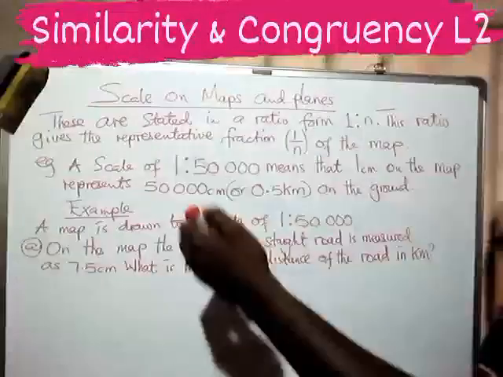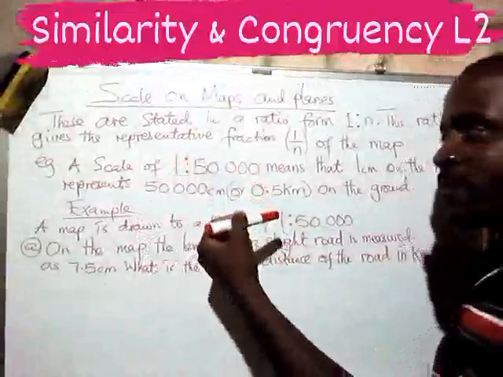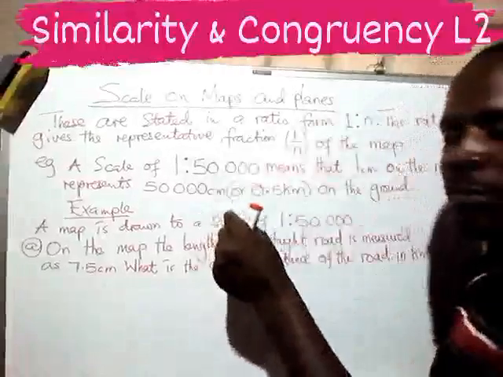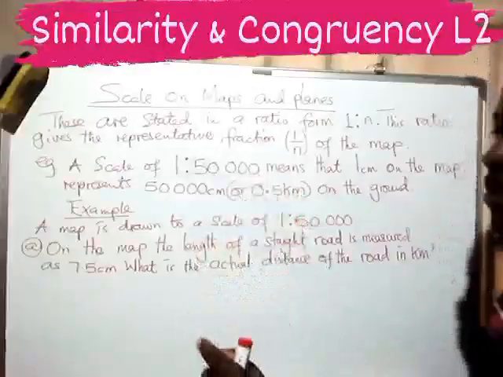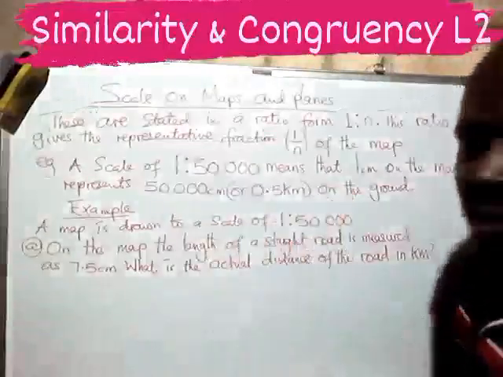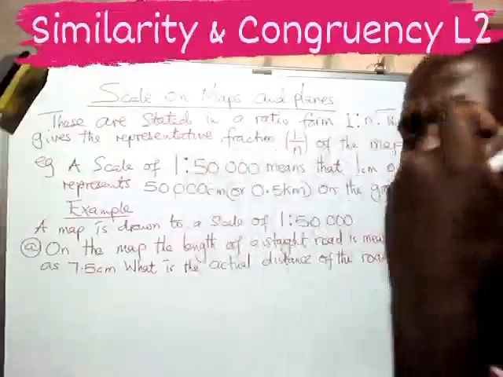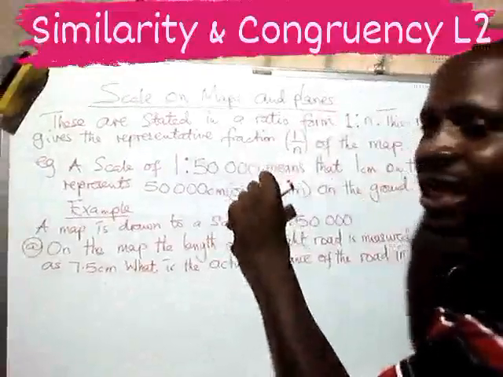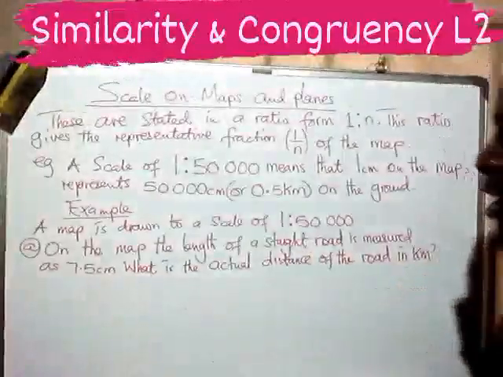So if you see a scale of 1 to something, this means that 1 centimeter on the map, on that piece of paper, represents 50,000, or whatever number you have been given, in centimeters on the actual ground.